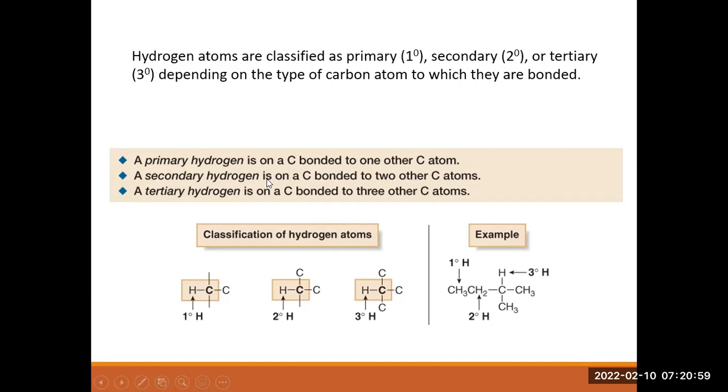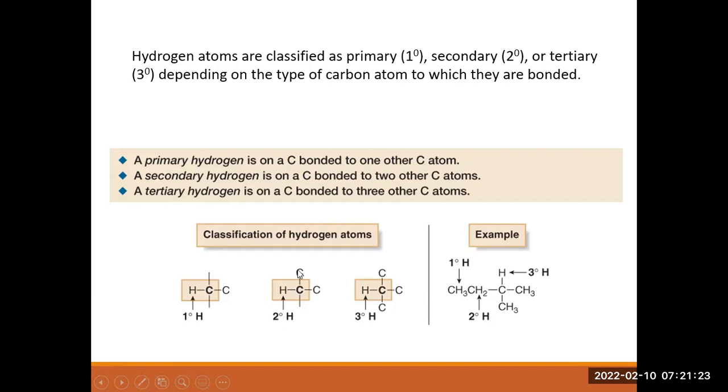So, a primary hydrogen is on a C bonded to 1 other C atom. What dictates the classification of hydrogen is the classification of its carbon atom. For example, here, this is a primary carbon. Therefore, the H that attaches to it is also a primary hydrogen atom.